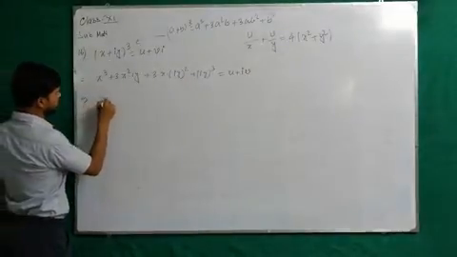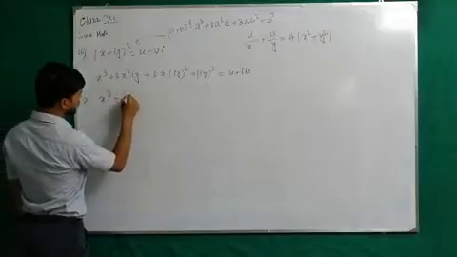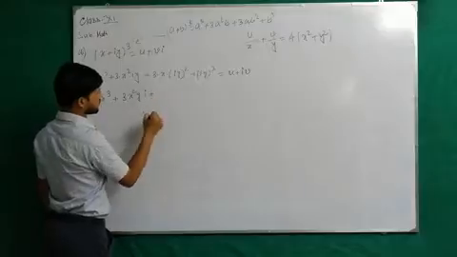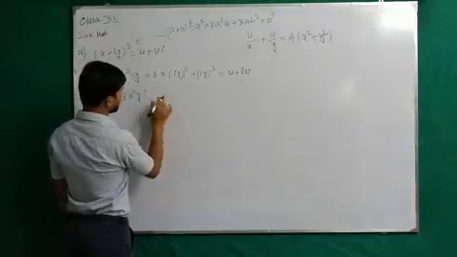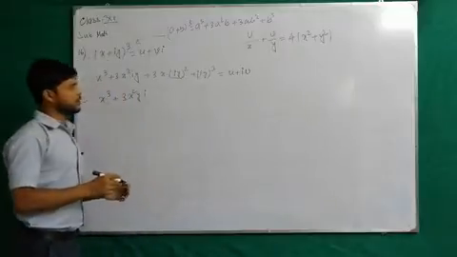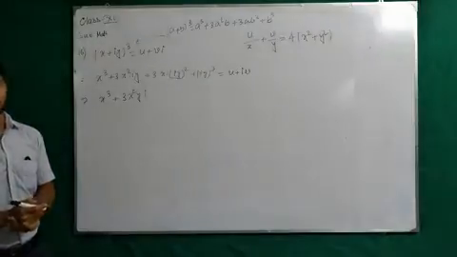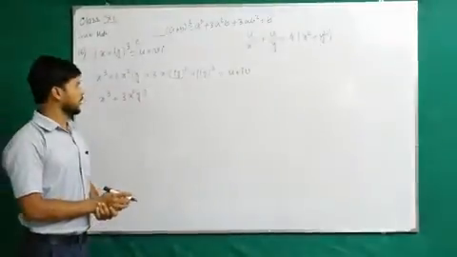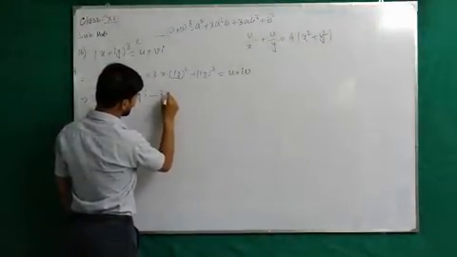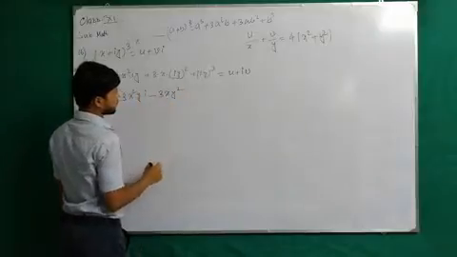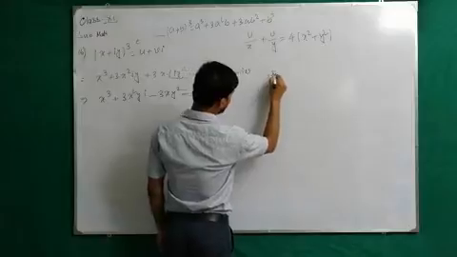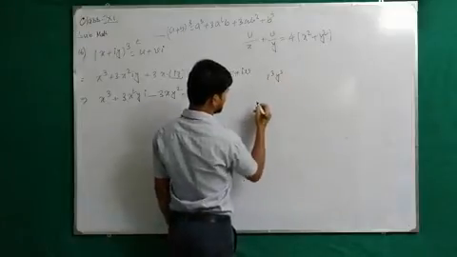That means x cube plus 3x square y into i plus, now look, if I calculate iy whole square, that will be i square into y square, and we know that i square equals minus 1. So this term will be 3x into y square, plus this term will be i cube into y cube.